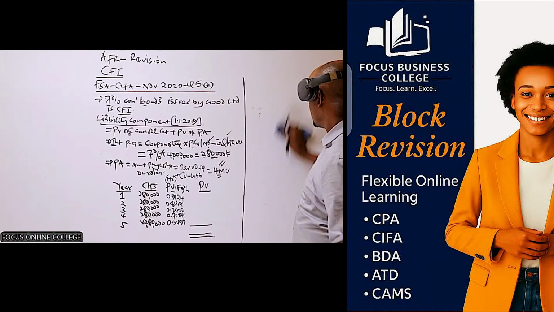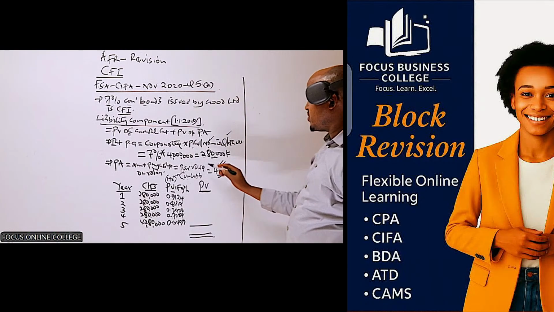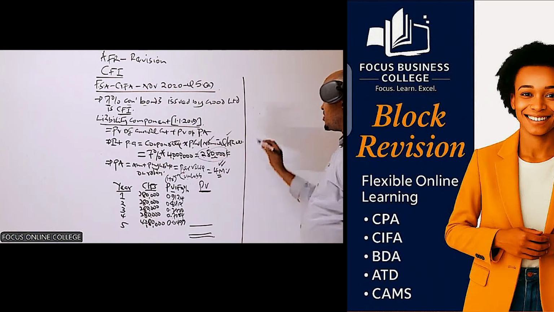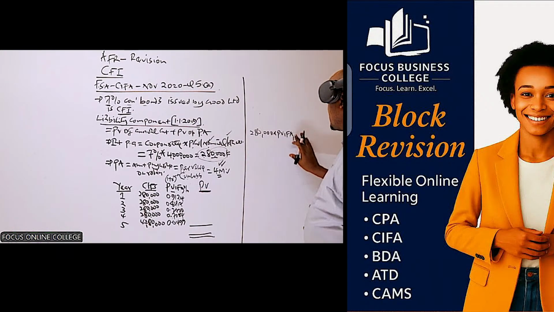Someone is asking, can we use another approach? Yes, there is still another approach, because these 280 are annuities. You can just take 280 times the present value interest factor of an annuity at the rate of 9% for 5 years.